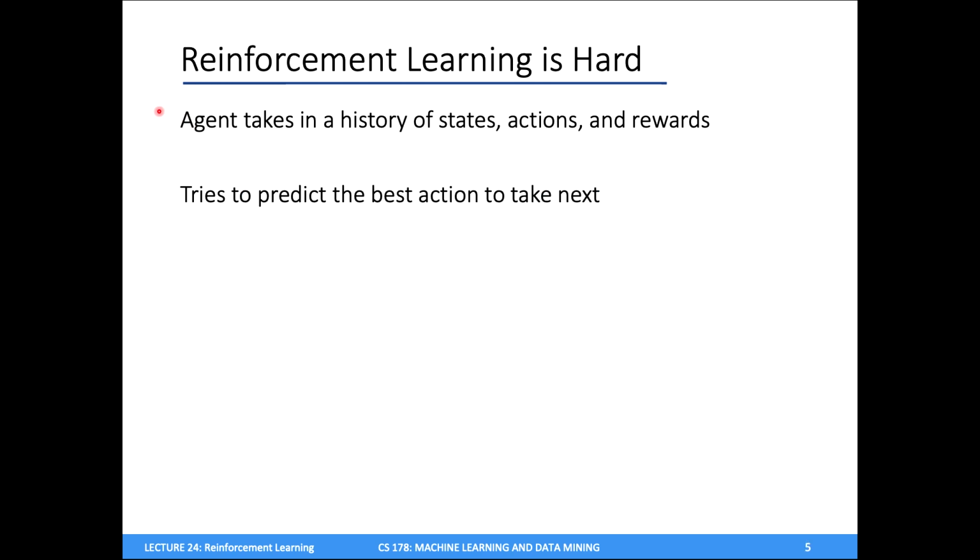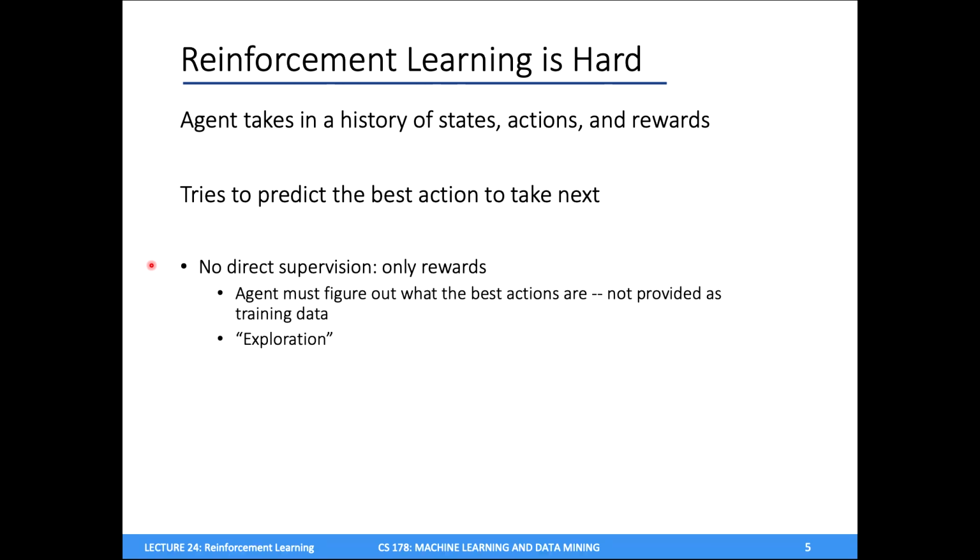In general, reinforcement learning is a very hard problem, where the goal for the agent is to take in some history of states and actions and rewards and try to predict what's the best action to take next in this environment. This problem is hard because, unlike supervised learning, we don't have any sort of labels or targets that we're directly trying to predict.